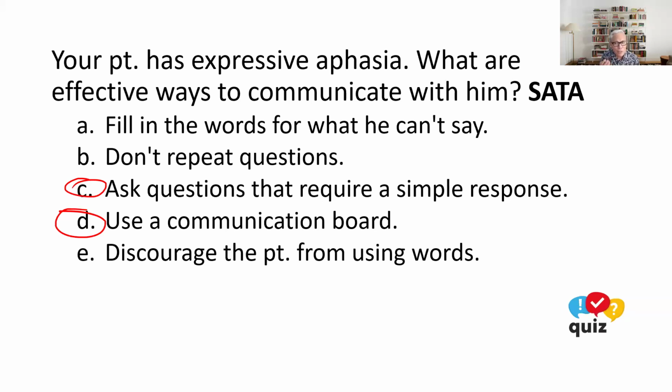patient, let the patient speak as much as possible, and ask direct and simple questions that require a simple response. And of course, communicating with a dry erase board or communication board are going to be very, very good interventions for these patients. Okay.